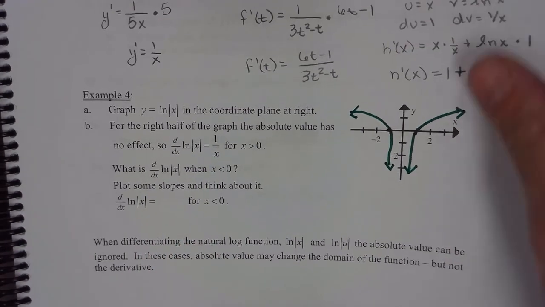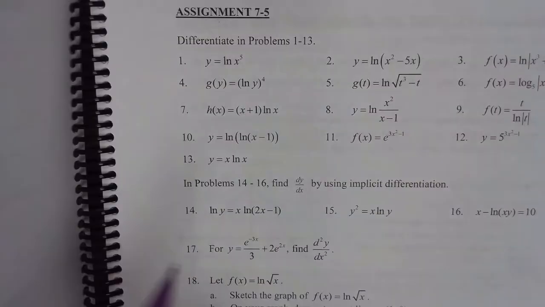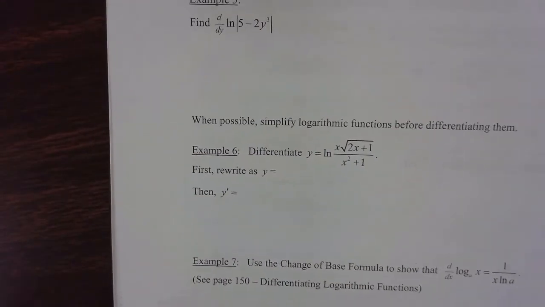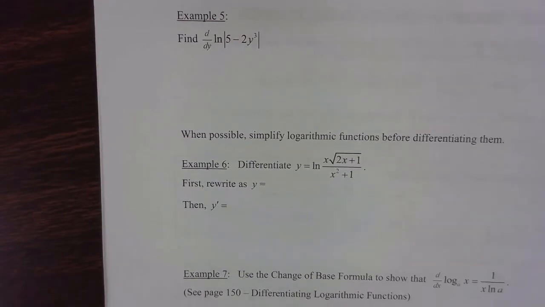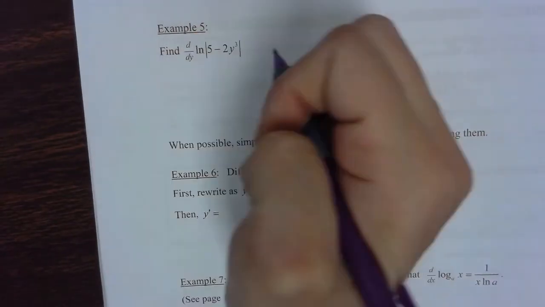Okay, so let's turn our page over and do some more practice problems. Alright, so even though we have an absolute value, it's not going to distract us anymore, okay? So we're going to take the derivative.